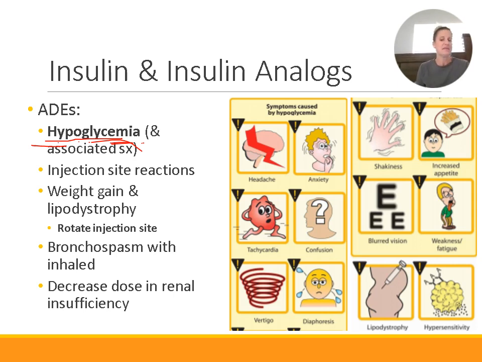We also, with insulins, can see some injection site reactions. Obviously, there is pain and redness at the injection site. We try to make sure that sterile or aseptic technique is used so the patients don't get any infections. Insulin can cause weight gain, and this can be problematic sometimes in type 1 diabetics.